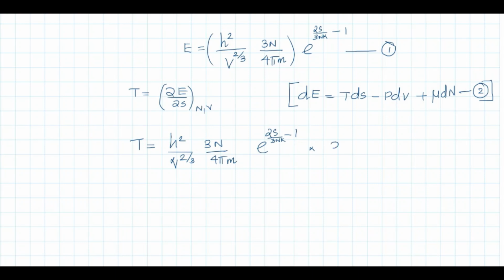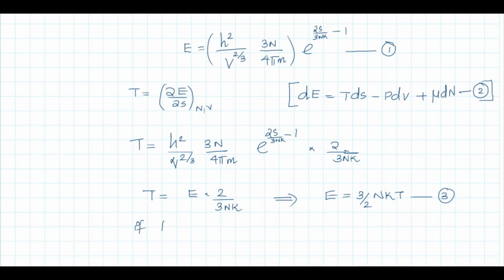Derivative of an exponential is the exponential itself into the derivative of the exponent, which is 2 by 3 N k. So T is equal to this entire term, which is nothing but E, into 2 by 3 N k. So I can write E is equal to 3 by 2 N k T. Call this equation number 3.